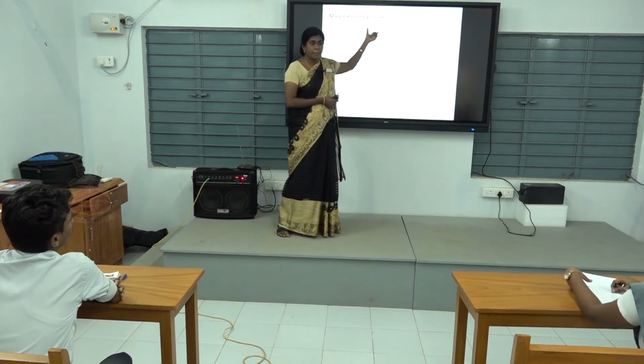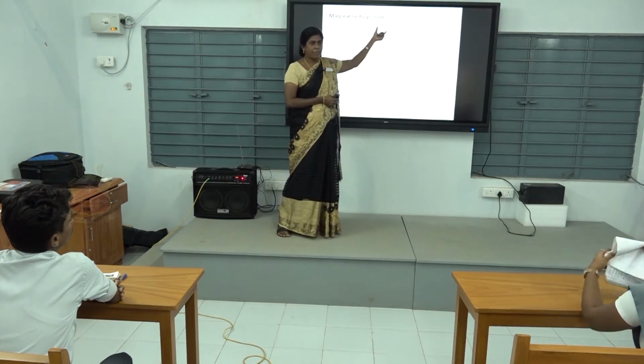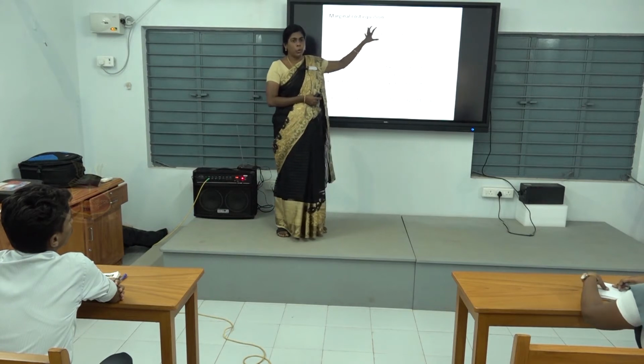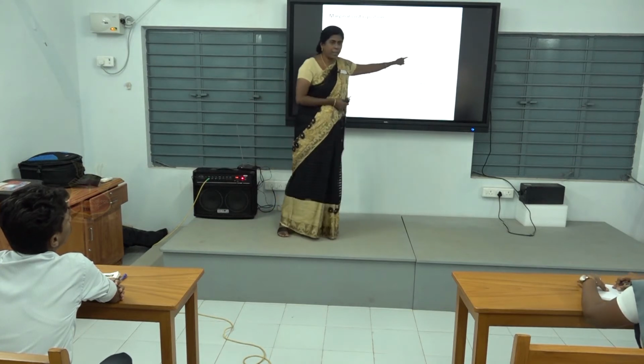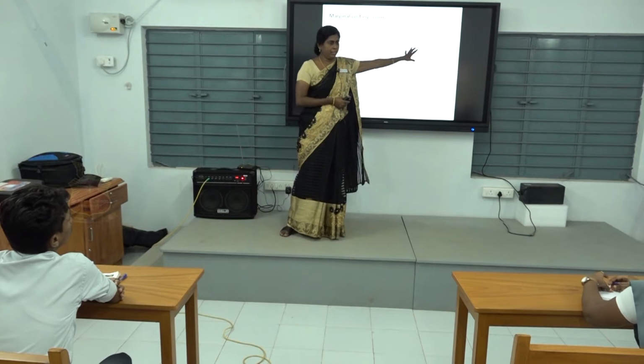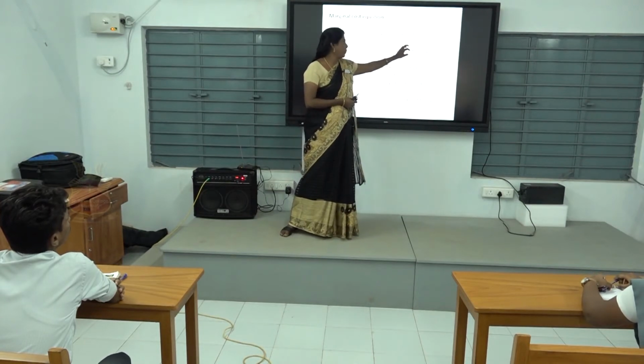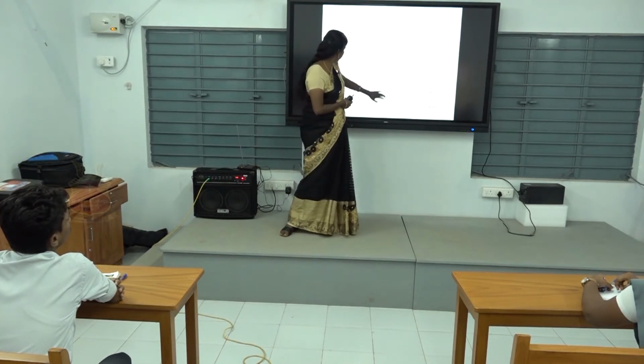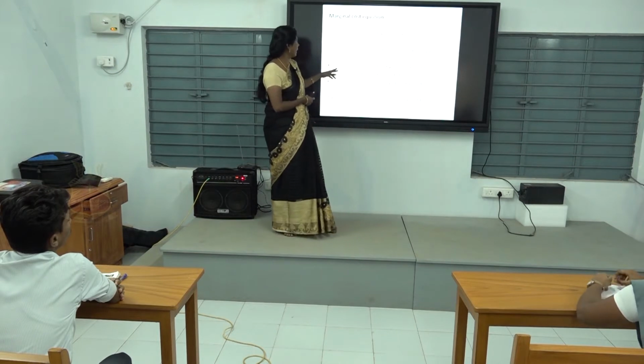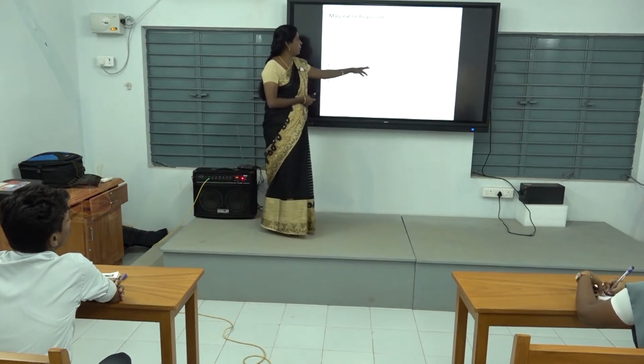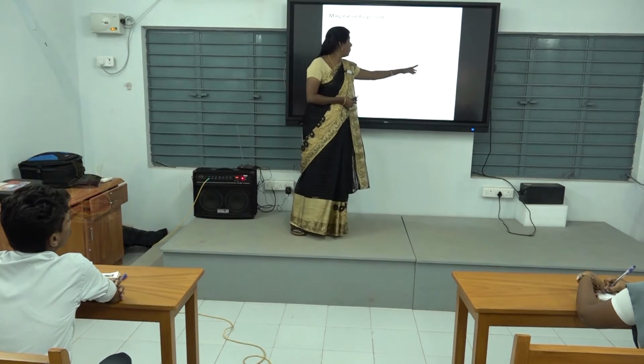The combination of variable and fixed cost is considered as total cost. So, total cost plus profit equals sales. So, we should give some portion of profit. Okay. Then next, sales minus variable cost equals fixed cost plus profit.